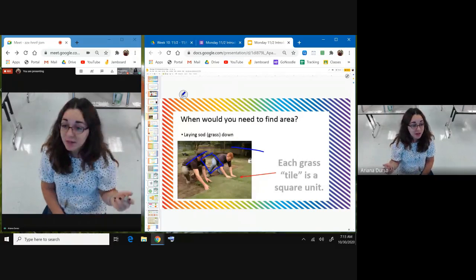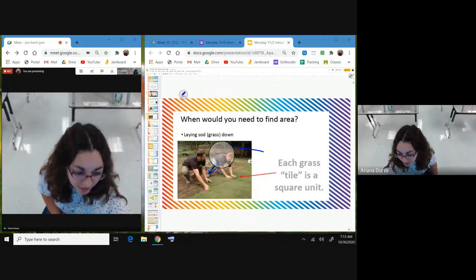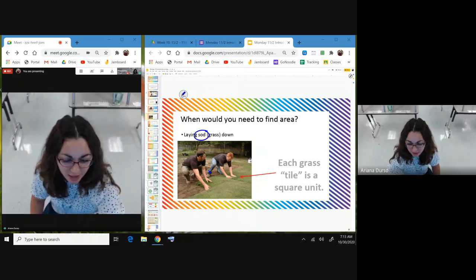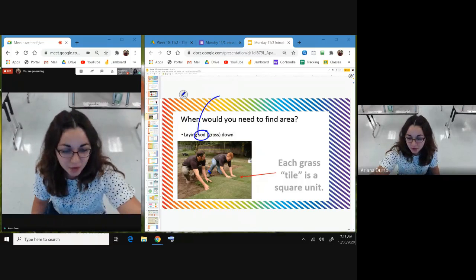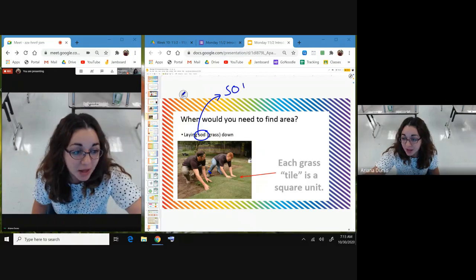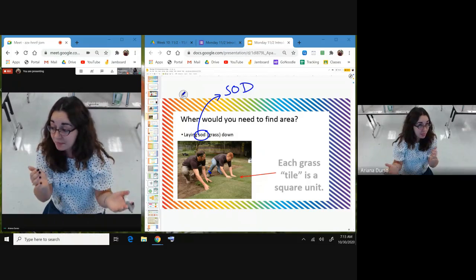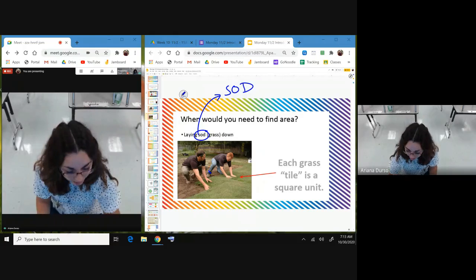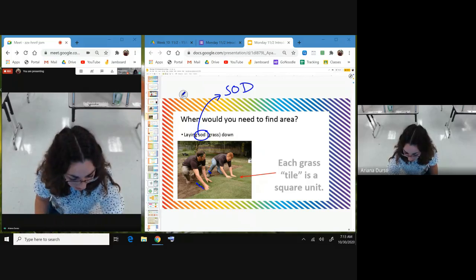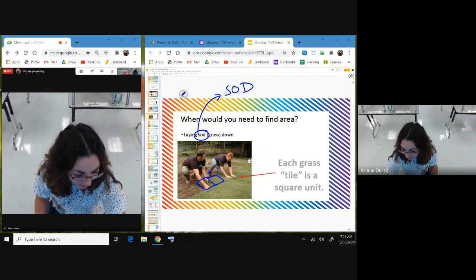Another time you might need to find area is on sod or grass. I don't know if you know this word sod, but it's a new word that's going to come up a lot during our area lessons. I don't know if you can see what they're doing, but they're laying down squares of grass.